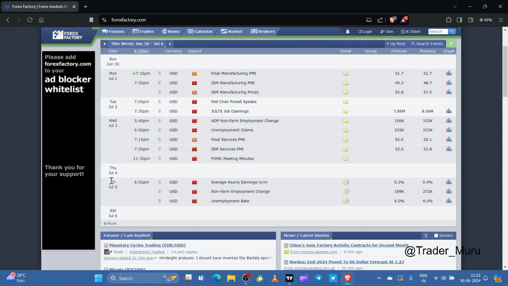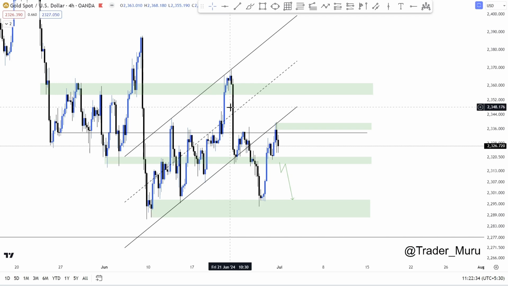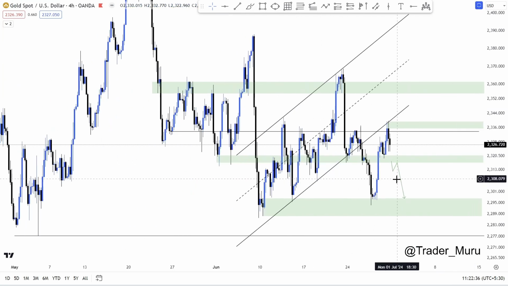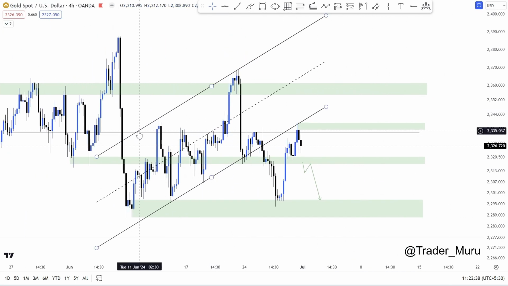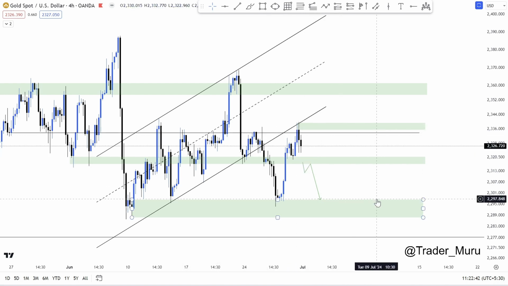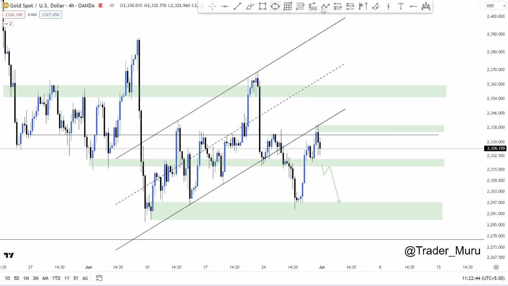The NFP and Powell's speech will, I guess, dump gold very hard. My first view is bearish right now because we are below the POC and this weekly resistance. So my main view will be bearish for gold, and if it breaks above this high and flips back into this channel, I will long it to this area and again to this high too.